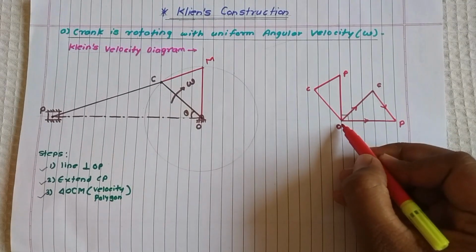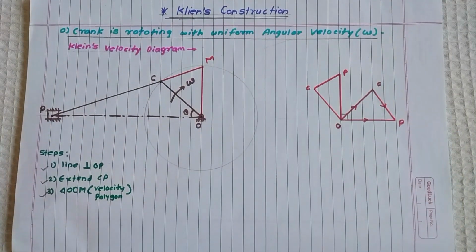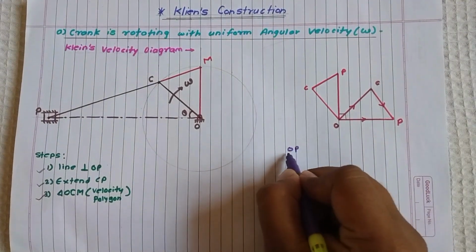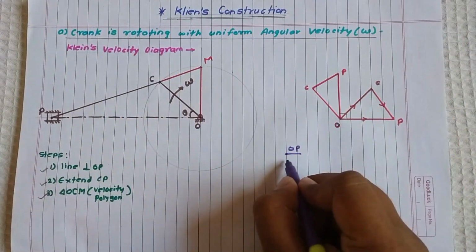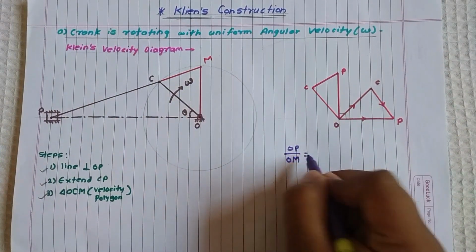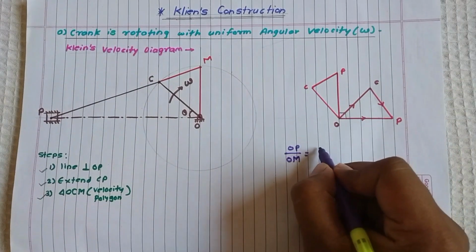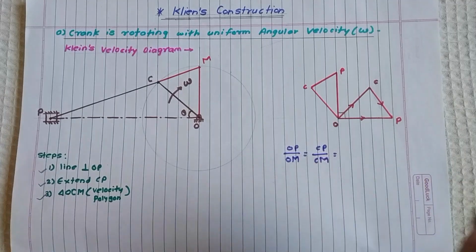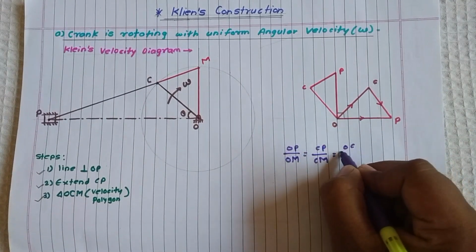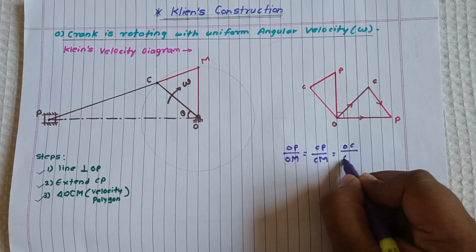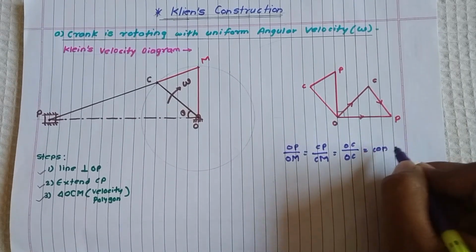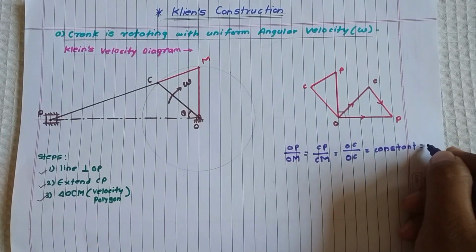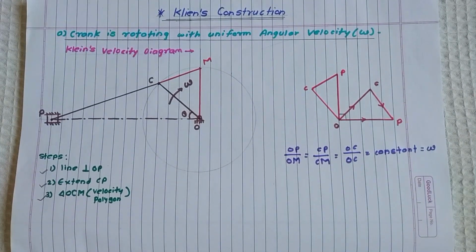So small op is equivalent to capital OM, small cp equivalent to capital CM, small oc equivalent to capital OC, which is constant. And what is constant here? Omega. So let us equate it with omega.